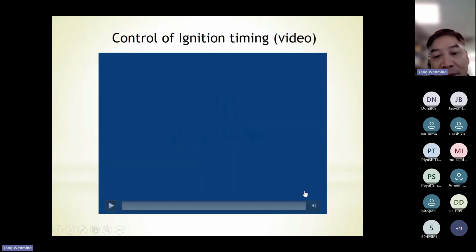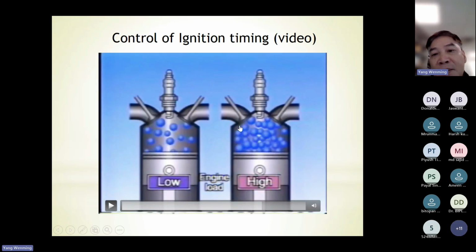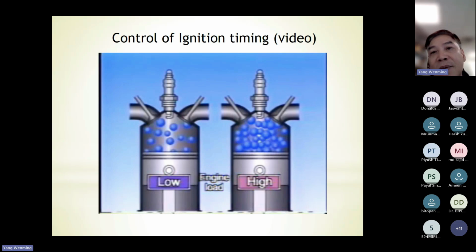Because a higher compression ratio means the fuel and air mixture density will be increased. So the distance between the fuel droplet molecules and the air molecules will decrease.